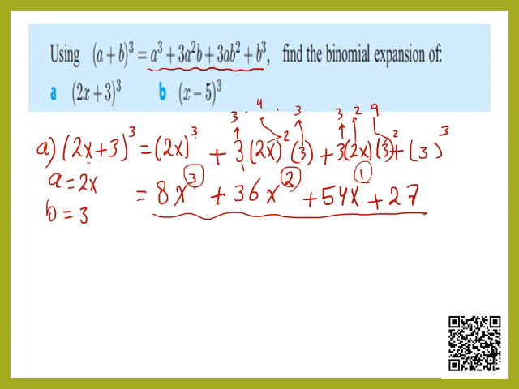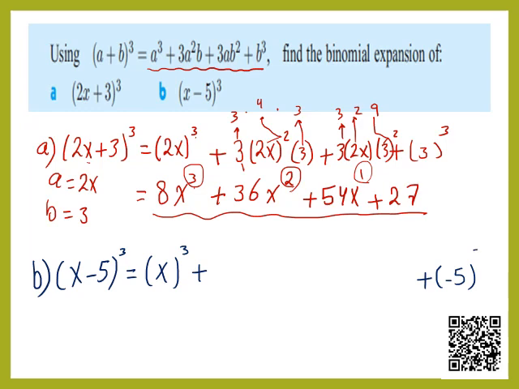For the second expression, part b, x minus 5 to the power of 3. I know it's the first term to the power of 3, plus 3 times the first term squared multiplied by the second term, plus 3 times the first term to the power of 1 times the second term squared, plus the last term, which is negative 5 to the power of 3.